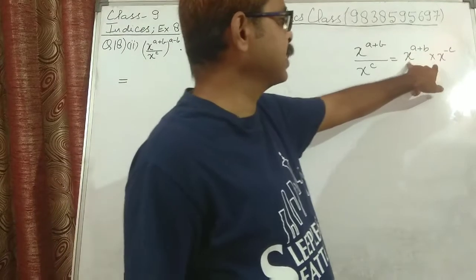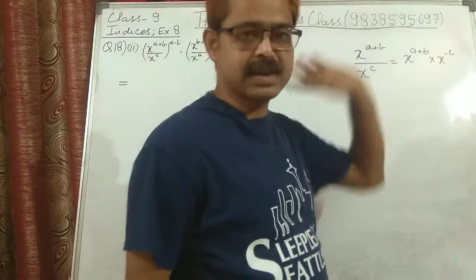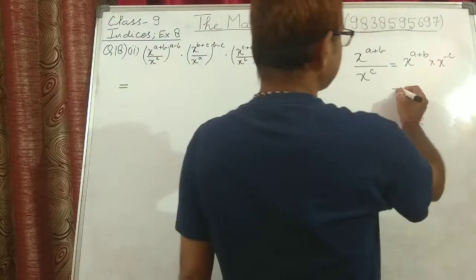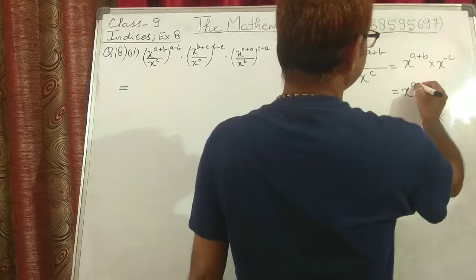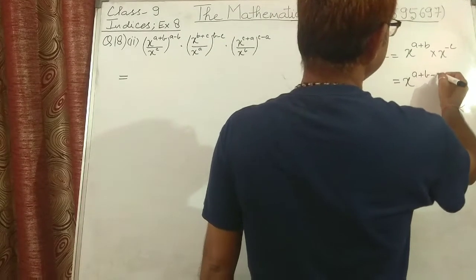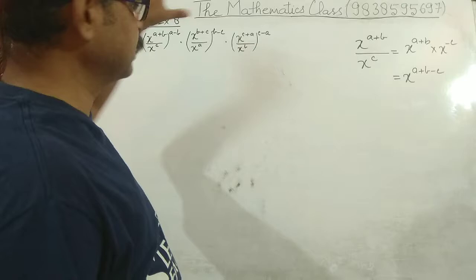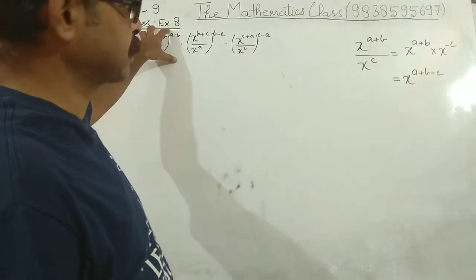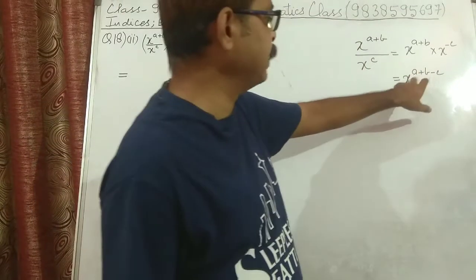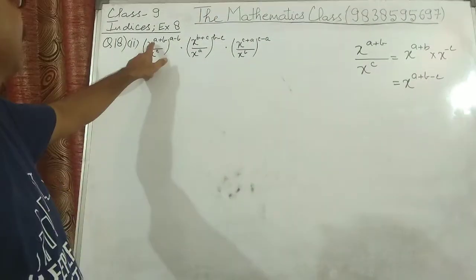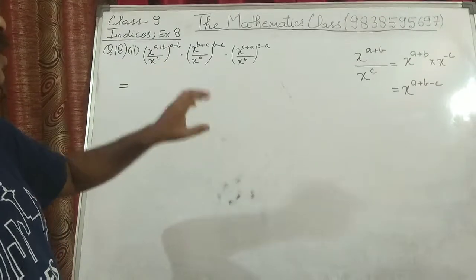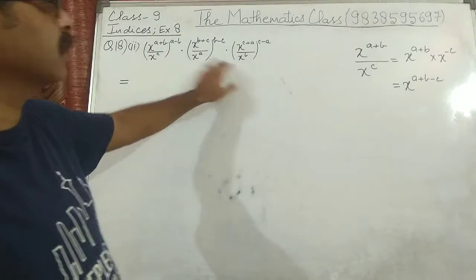Now we know when the bases are equal, powers are added. So finally this can be written as x to the power a plus b minus c. It means in place of this whole expression, we can write a plus b minus c. So this way I will be writing all the three.